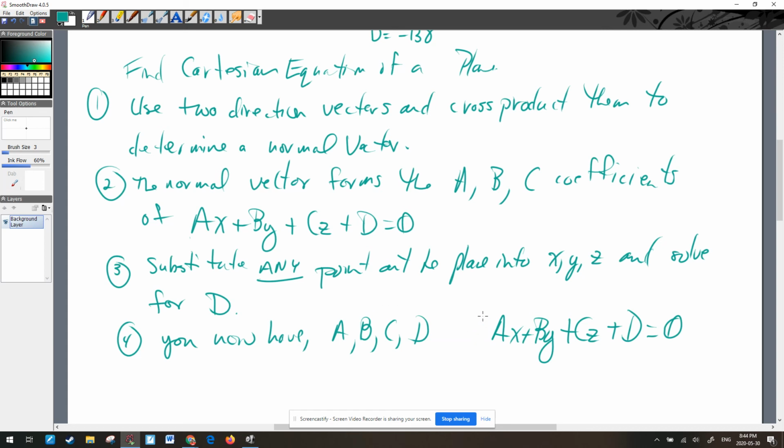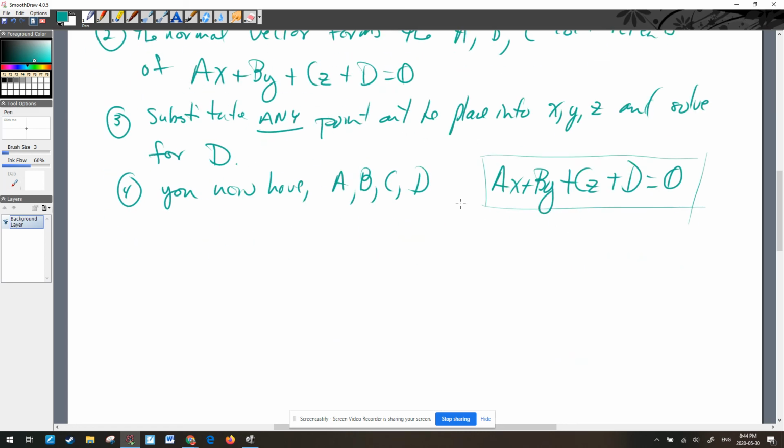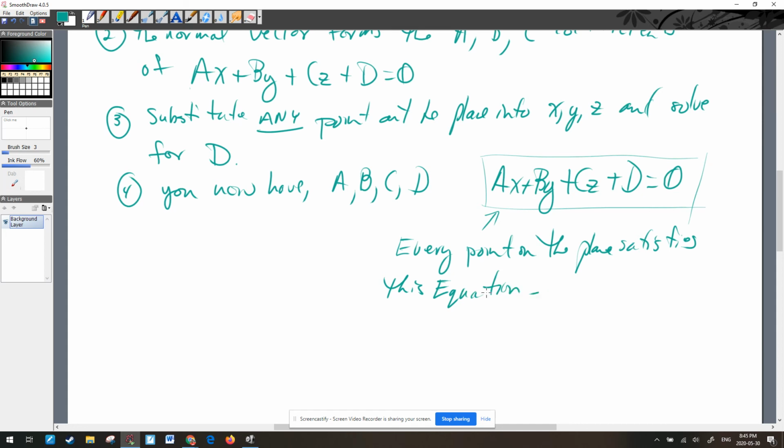Now, what's special about this equation is every point on the plane satisfies this equation, right? So that means if I ask, is this point on the plane, and maybe the plane equation I gave you was not the Cartesian equation, in theory you could substitute in and solve a big system of equations.